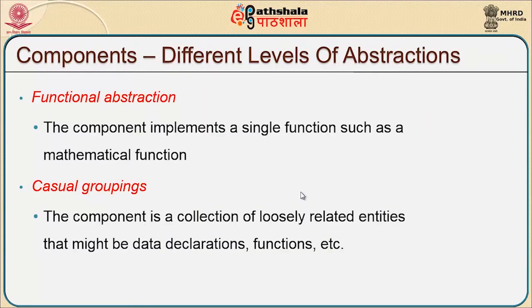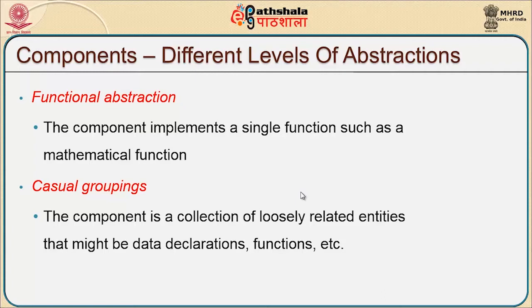These components, as I have already told you, are at a higher level of abstraction and help in architectural design. They have different levels of abstraction, starting from functional abstraction, where the component implements a single function such as a mathematical function, or it can even be a casual grouping.